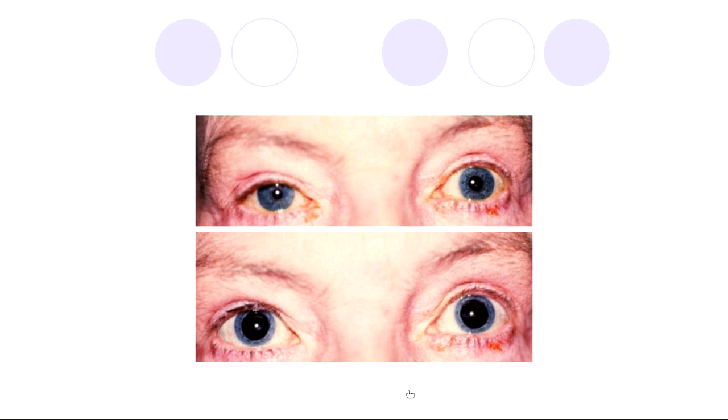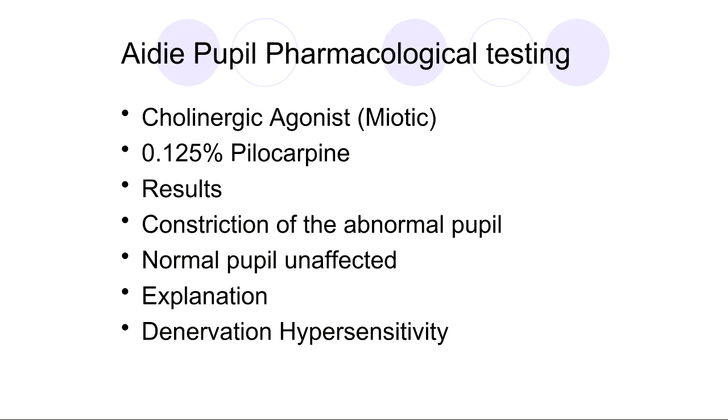Now, we talked about Adie's tonic pupil, and we said that Adie's pupil is going to affect your young females, usually after a viral illness, and this pupil is going to be larger, dilated. How we test for an Adie's tonic pupil is we give them a mild cholinergic agonist in the form of pilocarpine 0.125%.